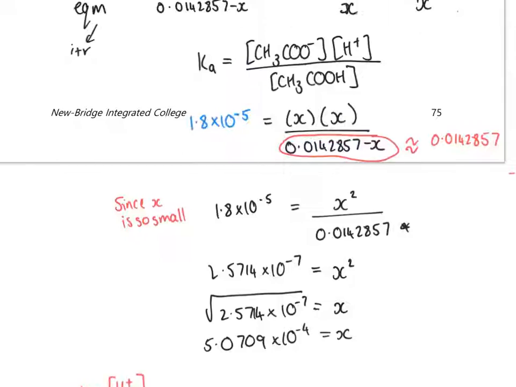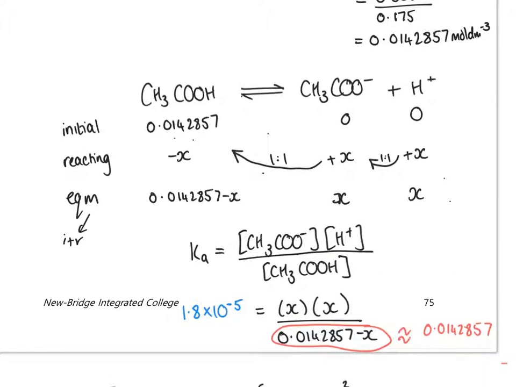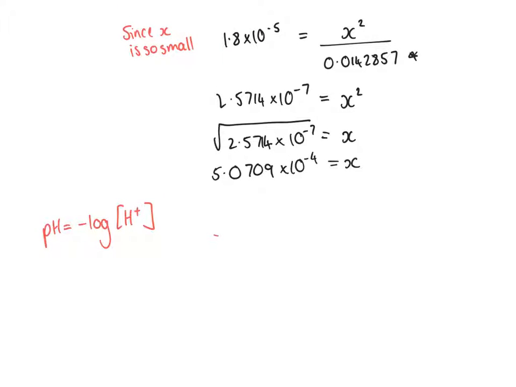So if I look back to my equilibrium calculation, the concentration of H plus at equilibrium is equal to X. I have just calculated that X is equal to 5.07 times 10 to the minus 4. So the concentration of my hydrogen ions is equal to X, which is 5.0709 times 10 to the minus 4 moles per decimeter cubed.